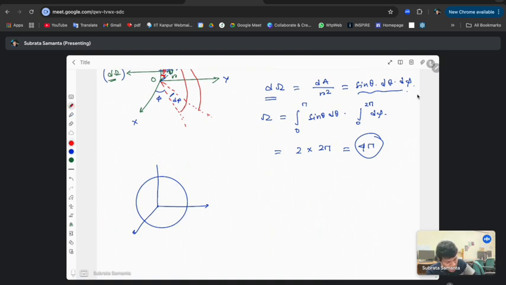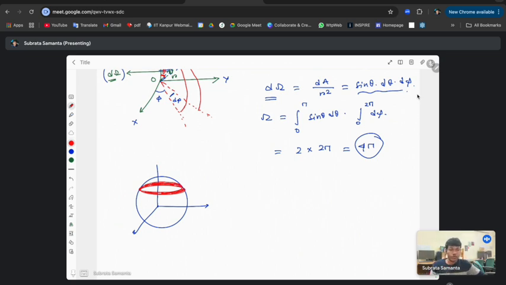Okay, and we consider a thin strip on the sphere. Okay, so this is basically a thin strip on the sphere. Right.